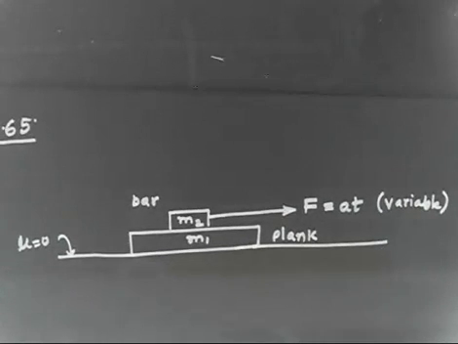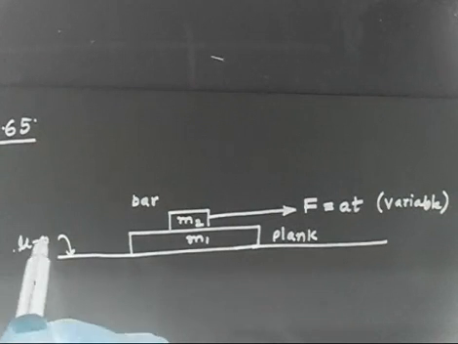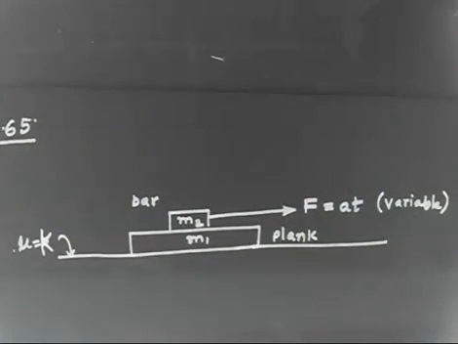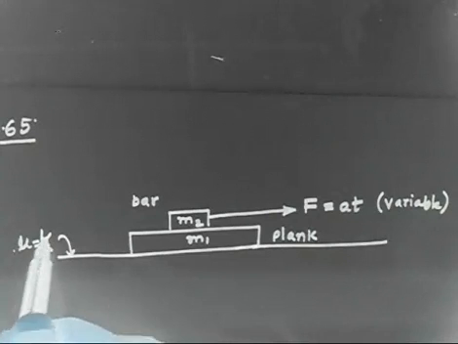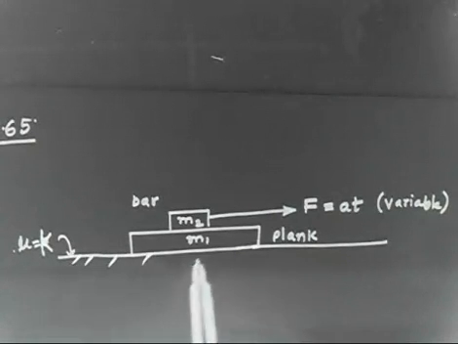Now what is next: find how the accelerations of plank 1 and plank 2 depend upon t, and oh my god, the friction coefficient is given, k. So the friction between the plank and the bar is k. So there is a friction, this is not smooth, and the friction coefficient is k. So this surface is rough.